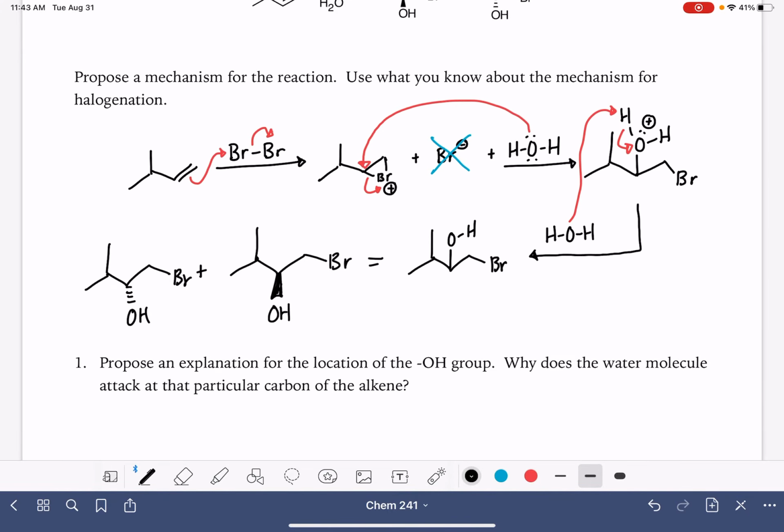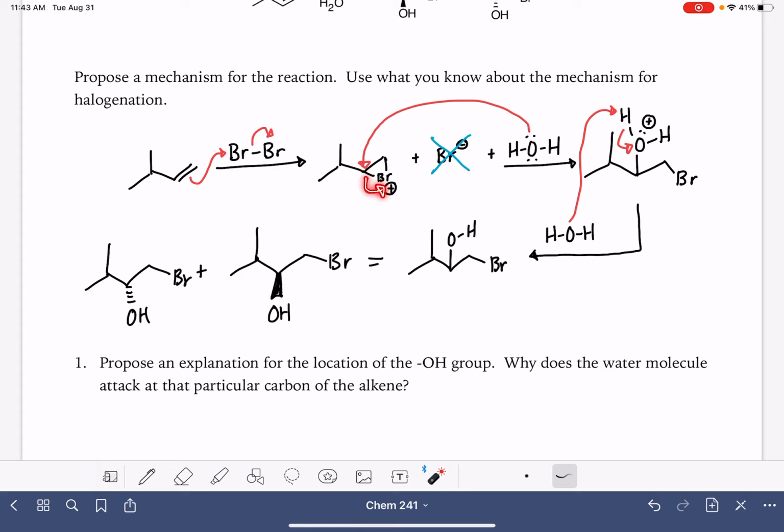So we want to propose an explanation for the location of the OH group. Why is the water molecule attacking at this particular spot? Why doesn't it attack out here? Our theory on this is that the carbon-bromine bond is going to start to break as the water molecule approaches. If it starts to break a little bit early, it's going to break at the carbon atom that would be best equipped to handle a resulting carbocation or positive charge.